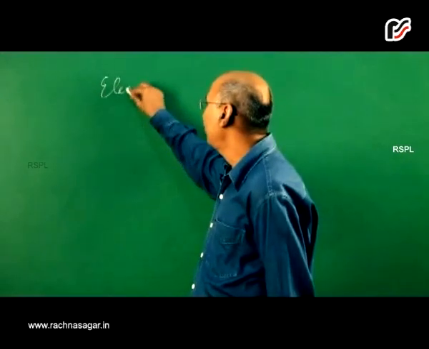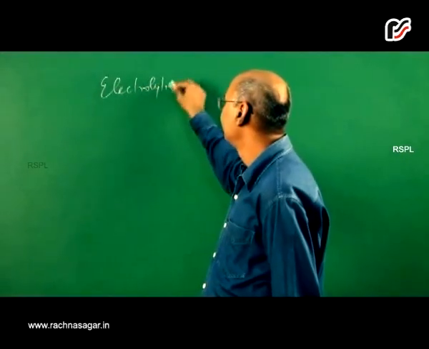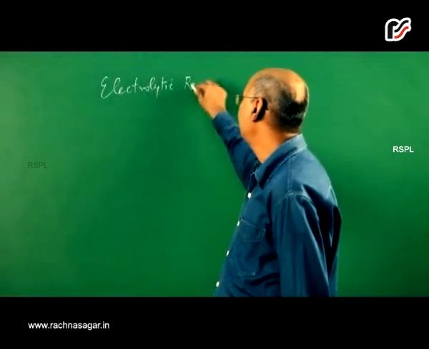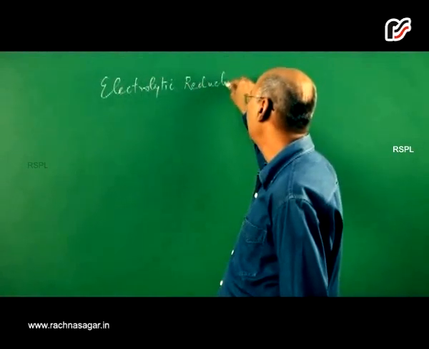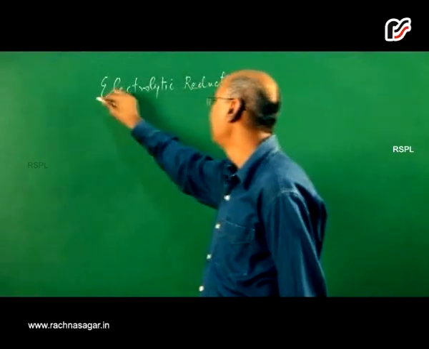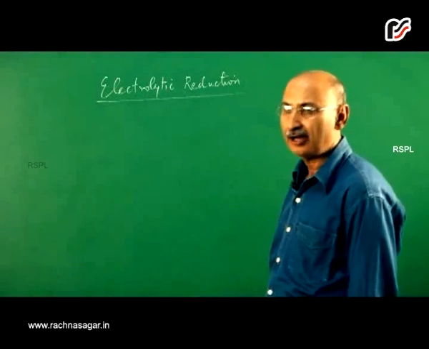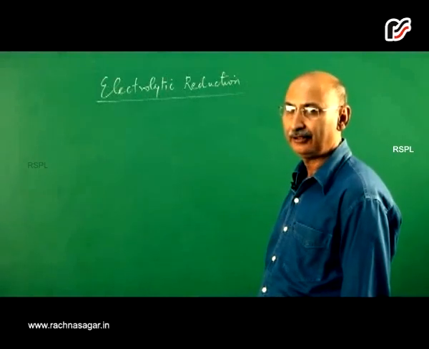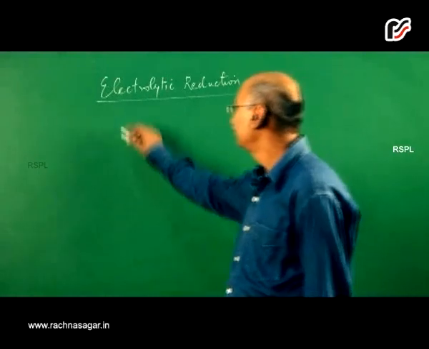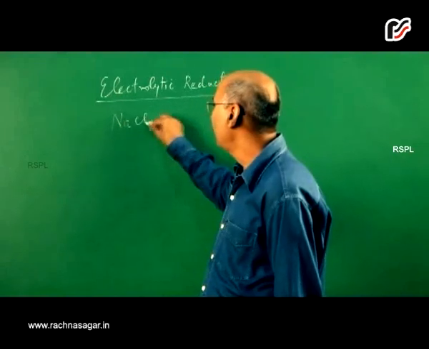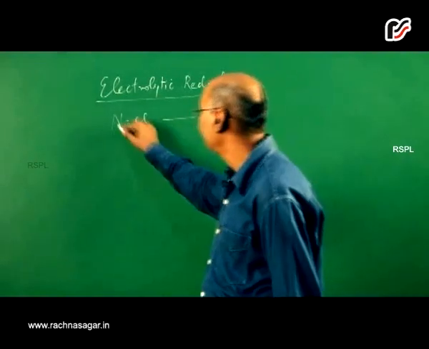Let's take up electrolytic reduction. Highly reactive metals like sodium, potassium, calcium, aluminium cannot be obtained by chemical reduction because they themselves are very good reducing agents. They can be obtained only by electrolytic reduction.